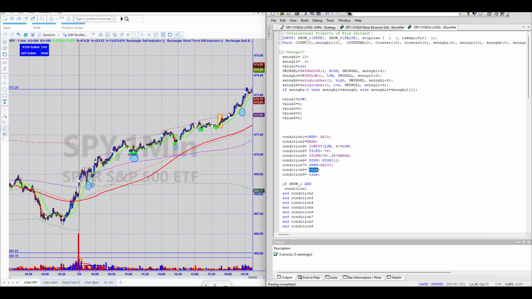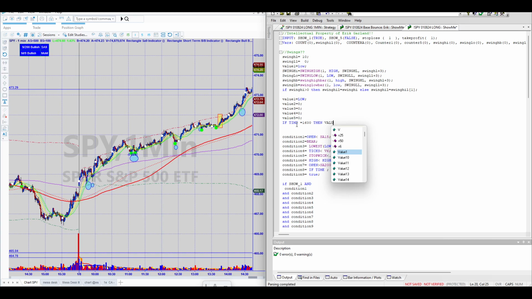Let me see, if I was to say that, what would I say? We would say that if time, we go up here and we say if time equals 1600, then value 6 equals, we'll just say close, because we're looking at the close of the day.